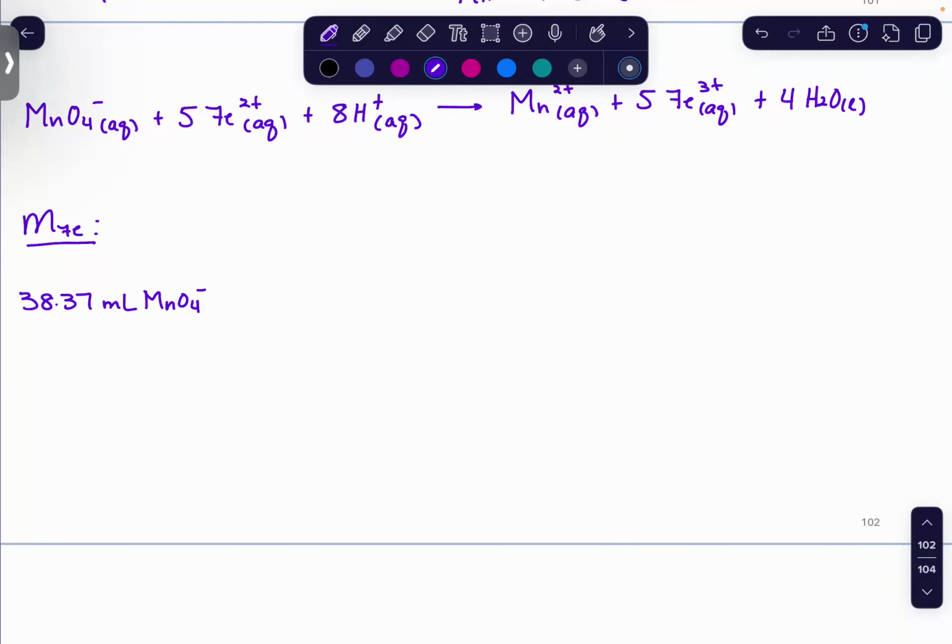The permanganate solution is what was needed to fully oxidize the system. So this tells you how much was needed to react all of the iron in the acidic solution. And that's going to be our key to figuring out how much iron is in the acidic solution.